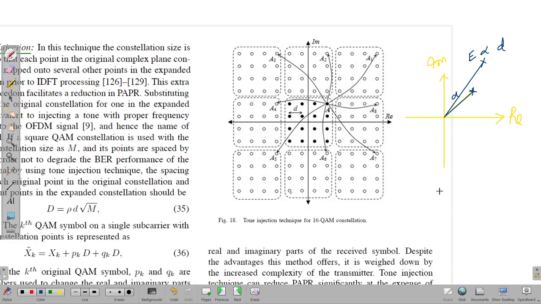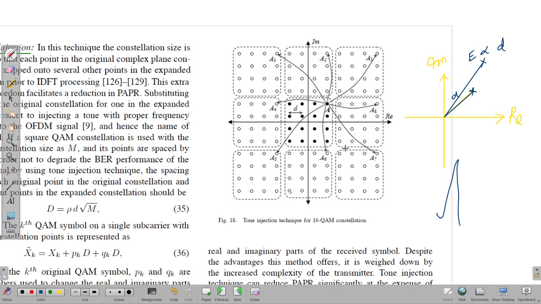If there is a high peak at a particular point, you could inject a tone. Basically, when this constellation point gets extended to any of these other constellation points, you are increasing the energy of that particular symbol. And in OFDM, a symbol is mapped onto a subcarrier, and a subcarrier is nothing but a frequency or a tone.